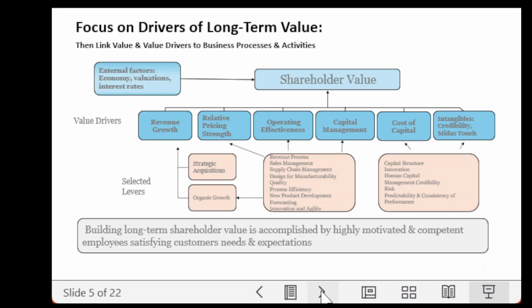So I advocate the use of a value performance framework. This framework looks at shareholder value at the top, recognizes that external factors play a role, but in almost all businesses, shareholder value is going to be determined by the expectations of future performance on 6 value drivers: revenue growth, relative pricing strength or competitive position, operational effectiveness, capital management effectiveness, the cost of capital of the enterprise, and then the intangibles, things like credibility and superior management.